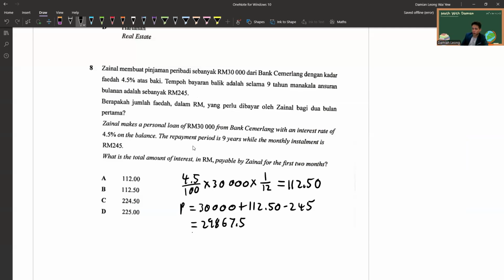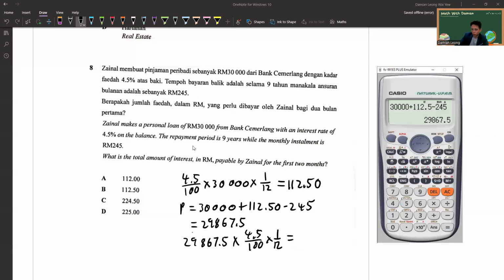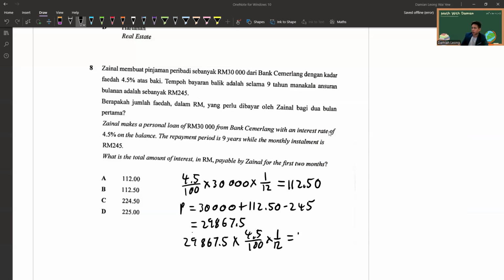So again, use the new principal times interest rate 4.5% times time, again 1/12 of a year. We get 112 ringgit. So add together, 224.5. Answer C. That's for question 8.